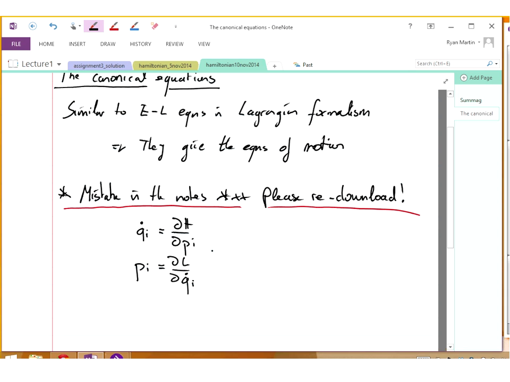Right. So these are the transformation equations for the Legendre transform.